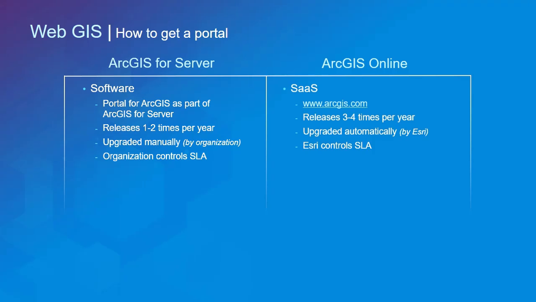On the other side is the SaaS model, the software as a service model. This is ArcGIS Online. ArcGIS Online releases at a fairly fast cadence compared to the software. 3 to 4 times per year, a new release is made available. When that happens, you literally just have to press refresh in your browser, and you can now take advantage of everything else that's come with the upgrade.